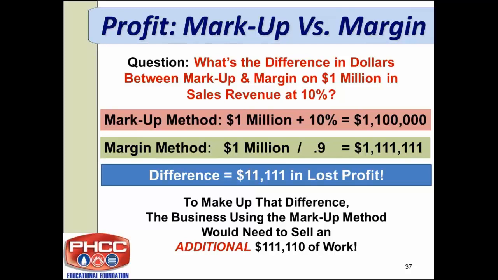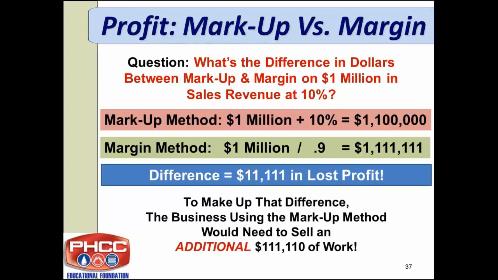And the difference there is that 11 grand plus in lost profits. And here's a point to drive home with your audiences. That $11,000 in lost profit is net profit. To be able to recover that $11,000, the only way you can recover it is by doing additional work.